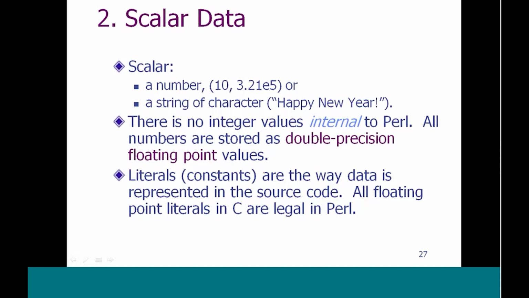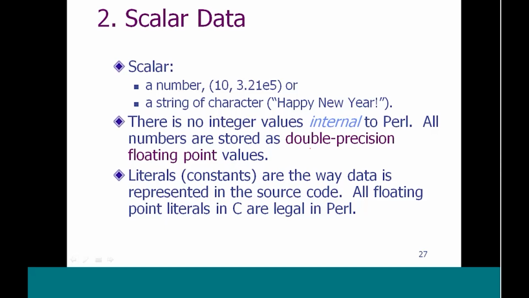All the numbers are stored as double precision floating point numbers. So again, this is one key difference, so that you can operate an integer with a floating point number, and Perl will accept it and then produce a result. There are some rules that you need to follow, which I will explain as we go along.